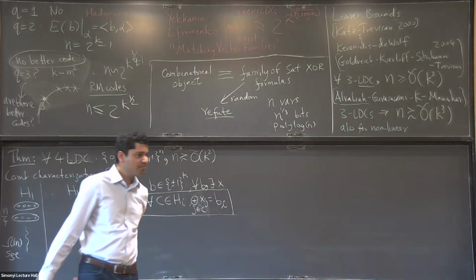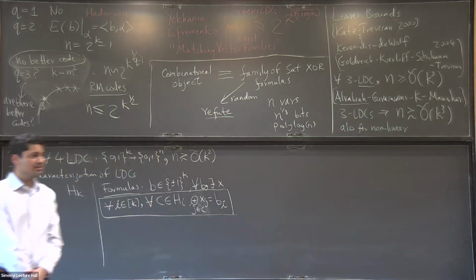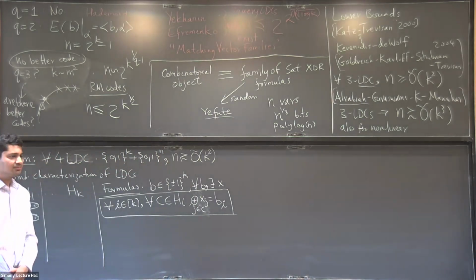Yes, please. So I have a question. What you're actually proving is that you're mapping LDCs into the structure of disjoint matchings, and then what you're really proving is that these LDCs are not going to exist, because you can't have an object that follows the structure and that decodes codewords correctly. Exactly. So the LDC property is in the structure.